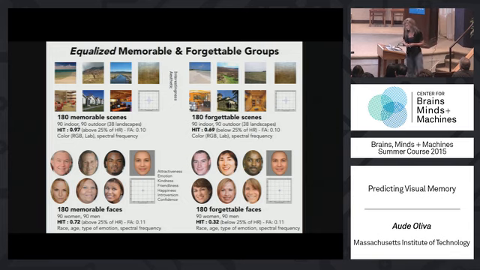We could play the same game for the faces, so we did. And here are the numbers again: memorable and forgettable faces that were also equalized for various attributes like attractiveness, emotion, kindness, happiness, and so on, as well as male, female, race, as well as expression. You can see that the statistics, the average faces for both the memorable and the forgettable groups, are also identical.